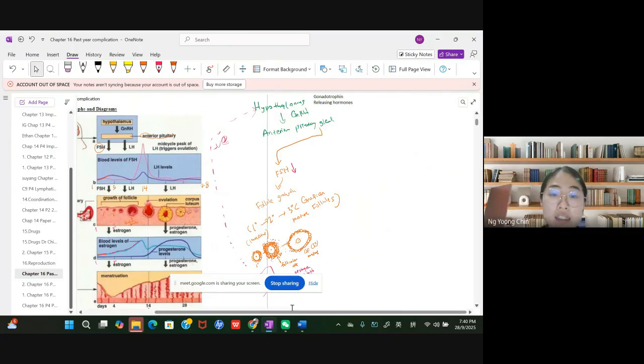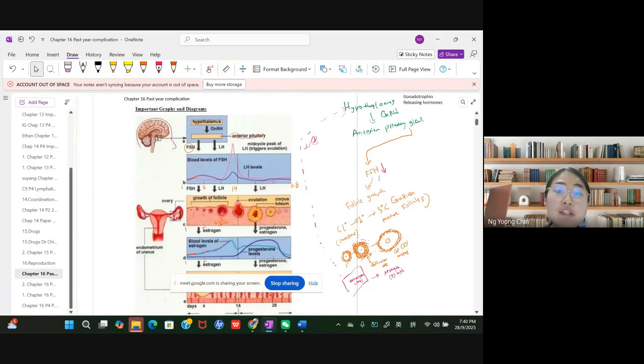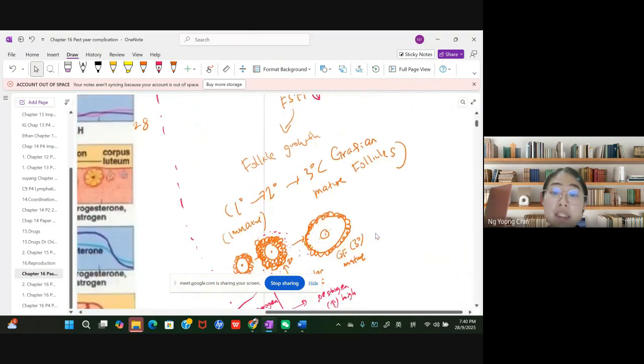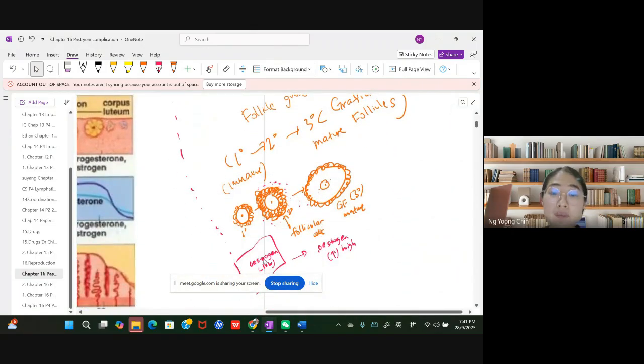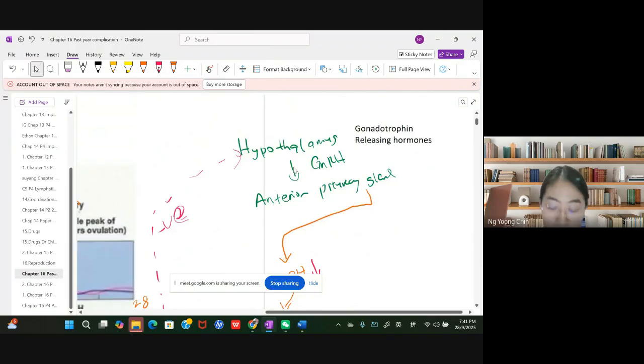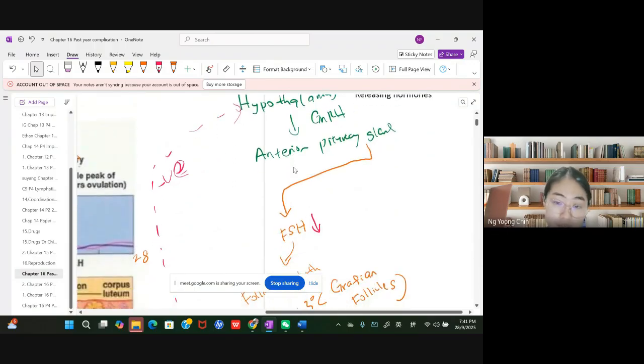So that's why the FSH hormone, even though it's increasing in the first 5 days, is not as high as at day 14, because it's being inhibited by the estrogen. Estrogen induces a negative feedback on the hypothalamus, and the hypothalamus will inhibit the GnRH.